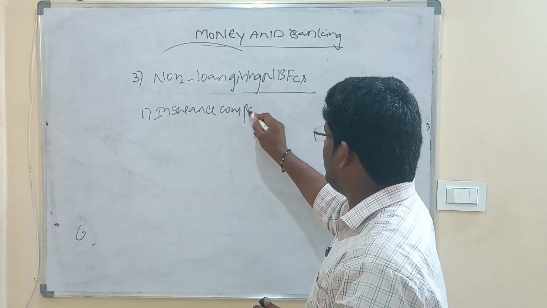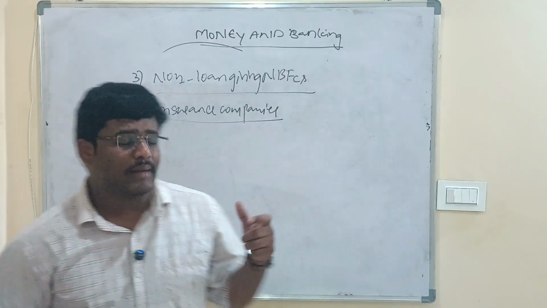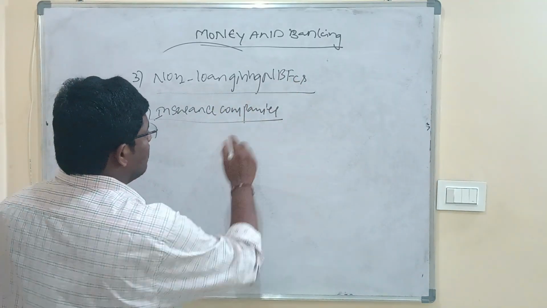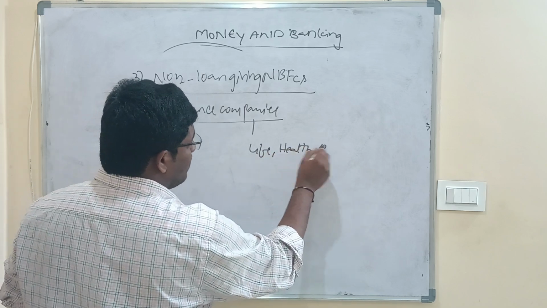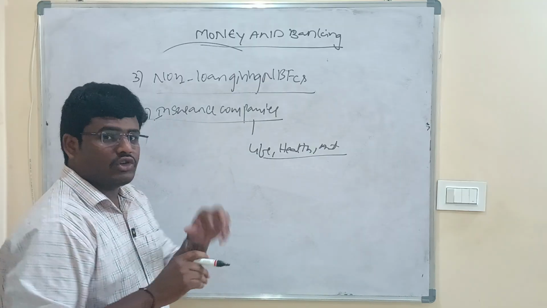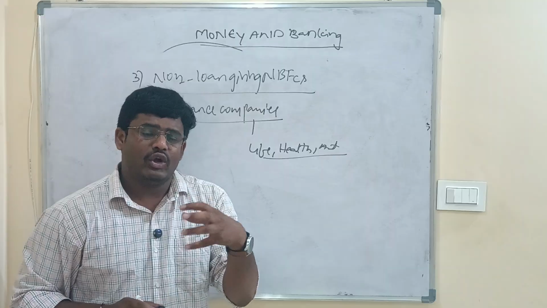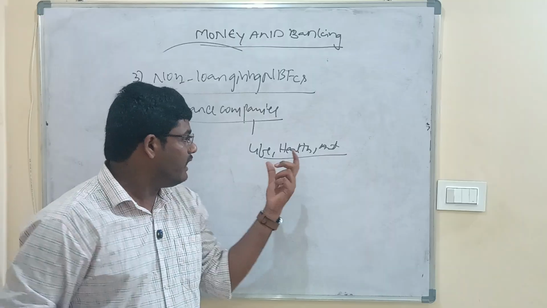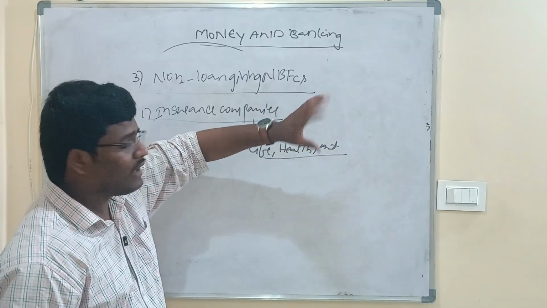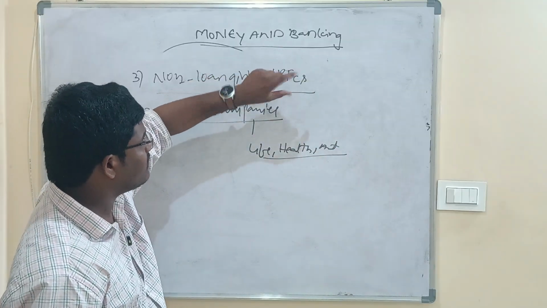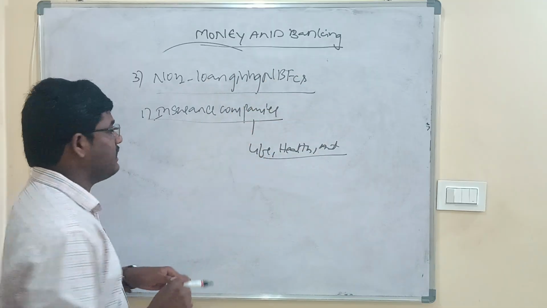We have different NBFC companies for insurance related to life, health, automobile. They handle the risk related to life, health, automobiles. Those who provide such services are referred to as non-loan giving NBFCs, insurance companies. LIC is the best example.